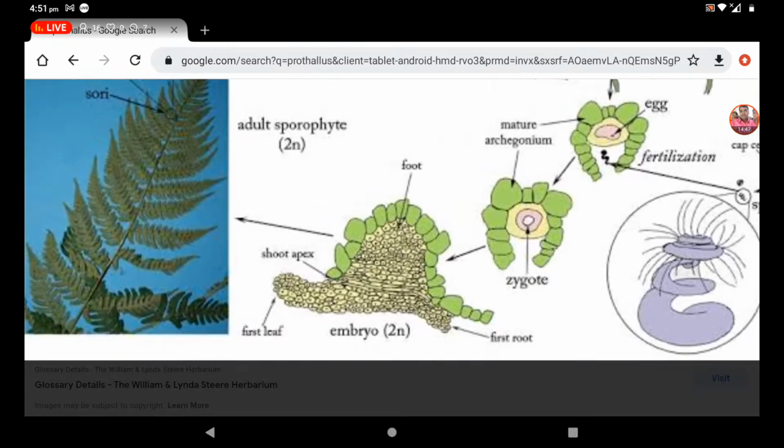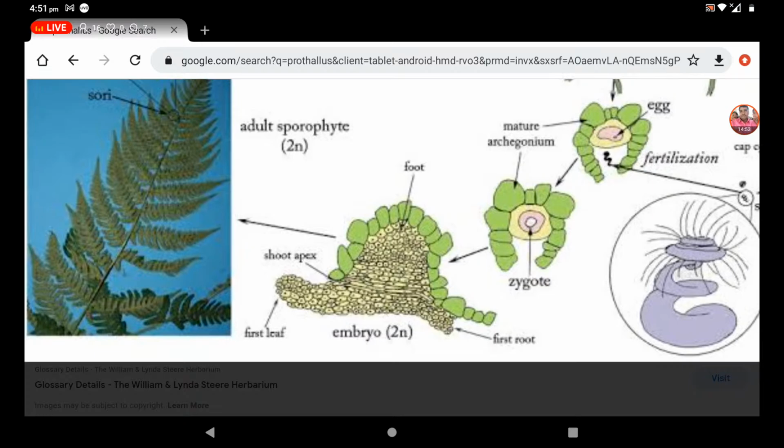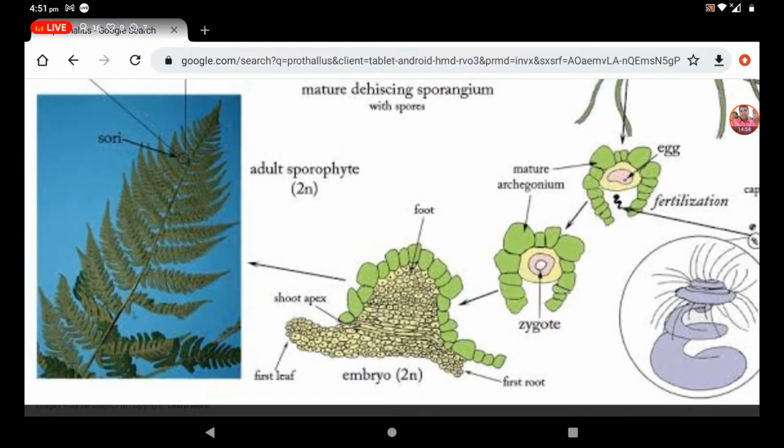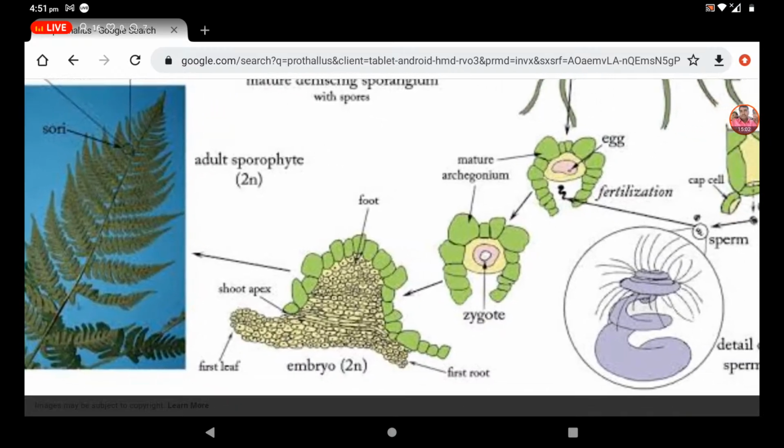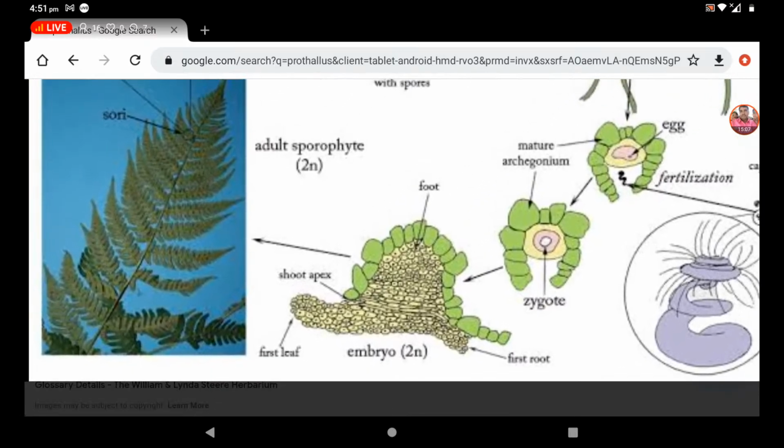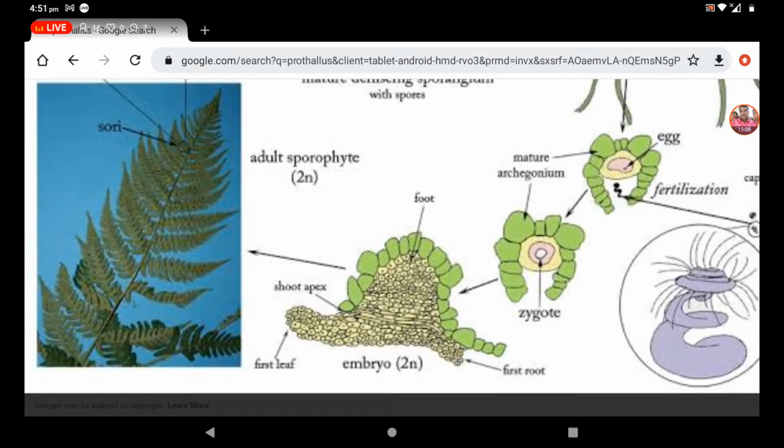So embryo is already said, first embryophytes are the Bryophyta and non-embryophytes are the Cylophyta, and embryo is identified even in the Teredo also.